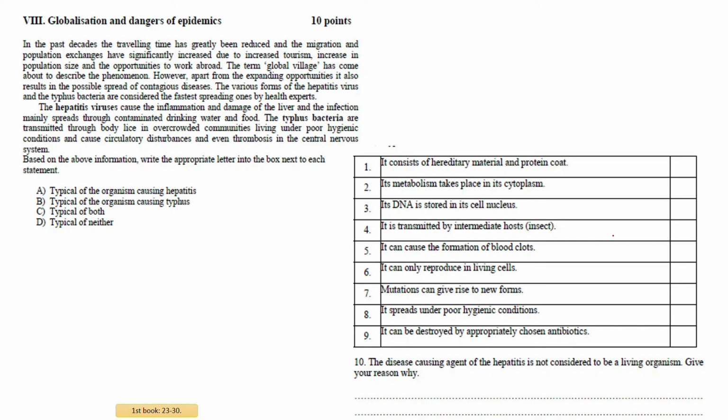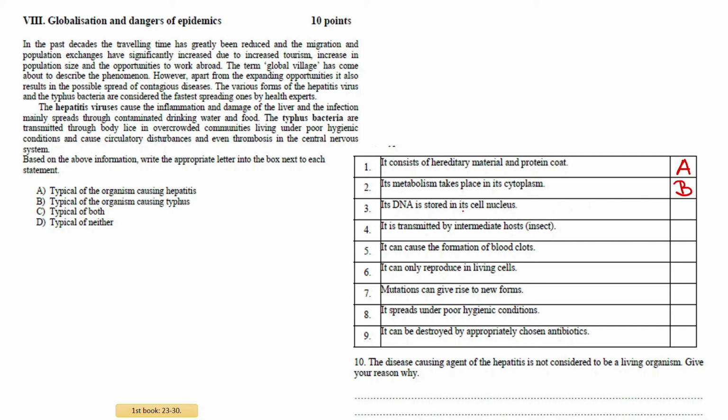Alright, so let's look at the statements. It consists of hereditary material and protein coat. We know that bacteria are much more complex than that, so the good answer will be A. The protein coat can also be called capsid. Its metabolism takes place in its cytoplasm. That is true for the prokaryotic cell.